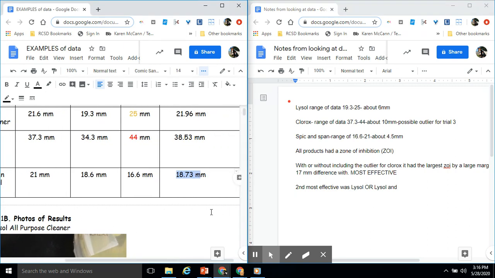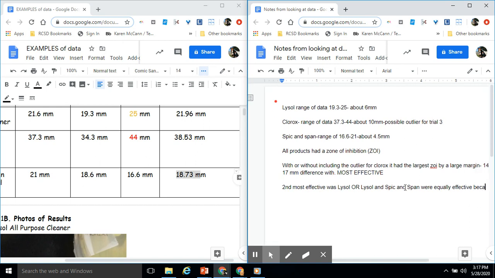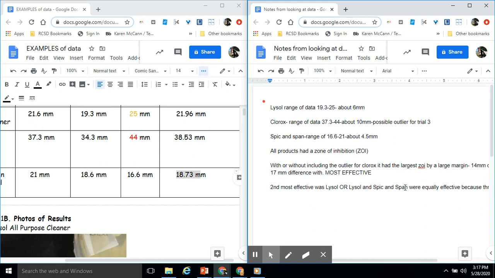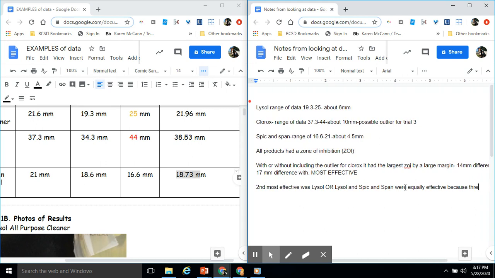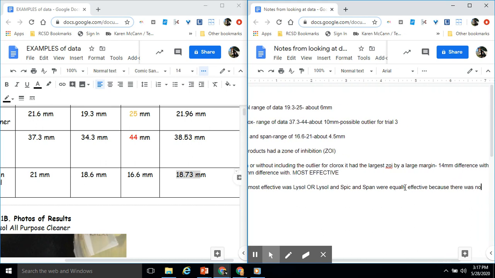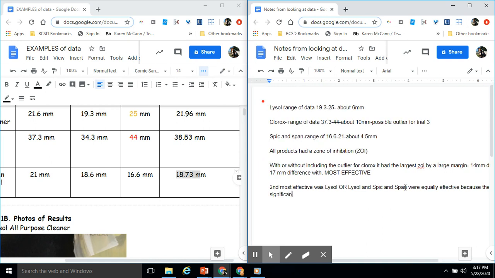Spic and Span were equally effective because there was not a significant difference in the sizes of the zones.